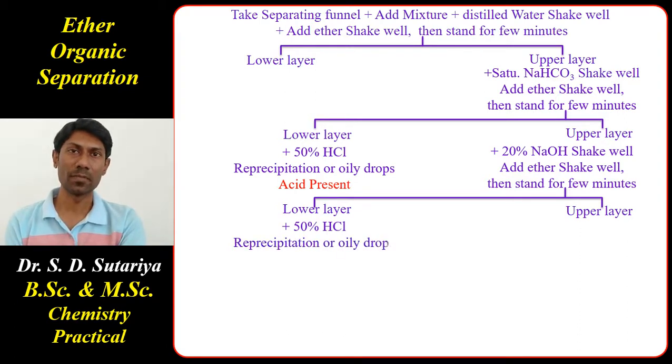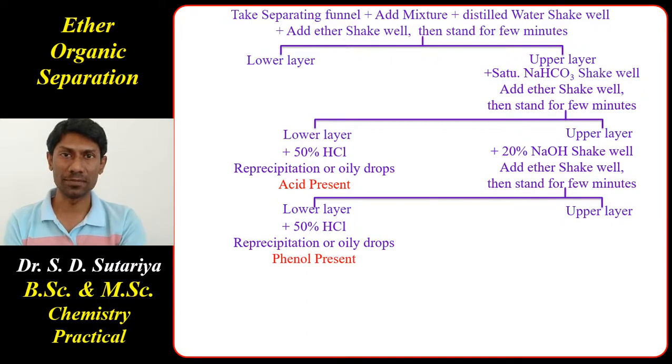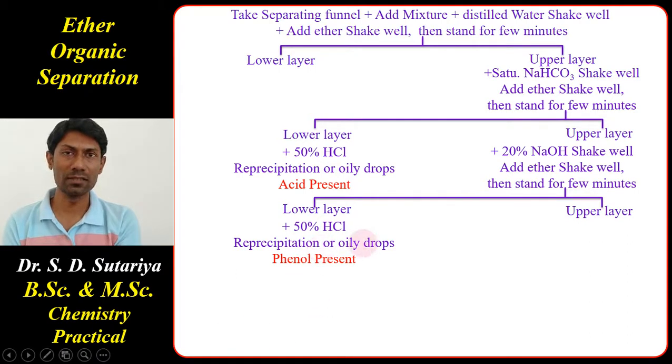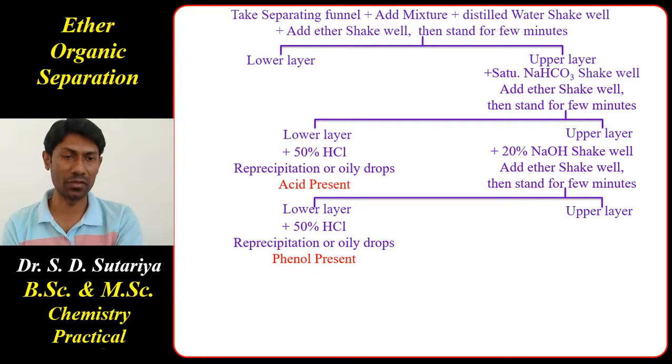If a solid precipitate is obtained, then solid phenol is present. If liquid drops are in the beaker, then liquid phenol is present. Is it clear now? Solid phenol and liquid phenol.